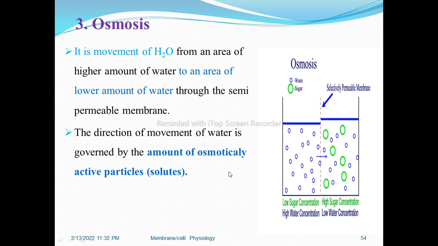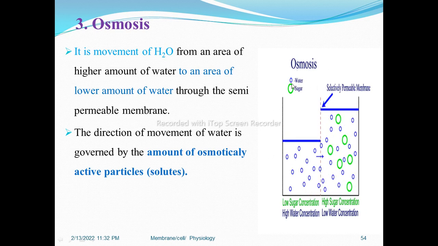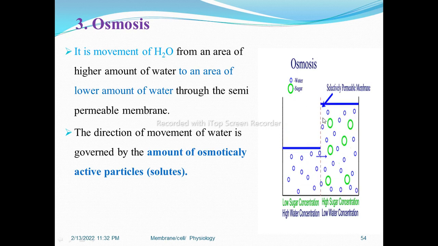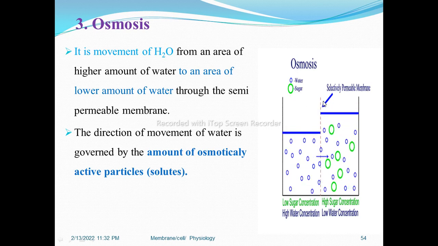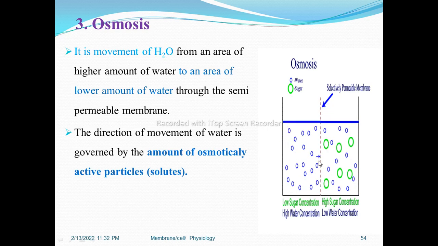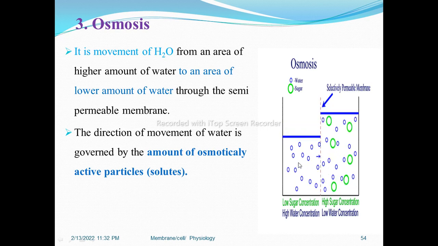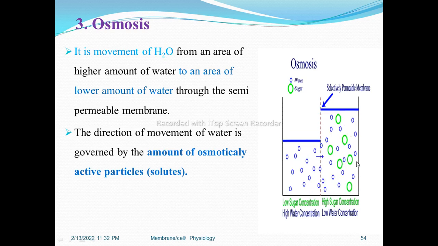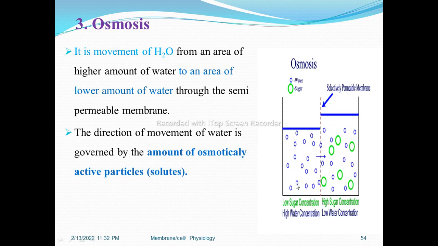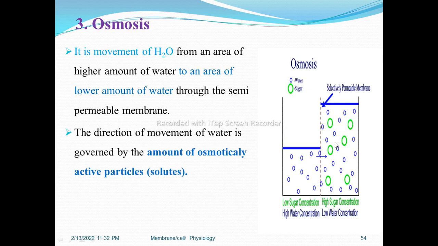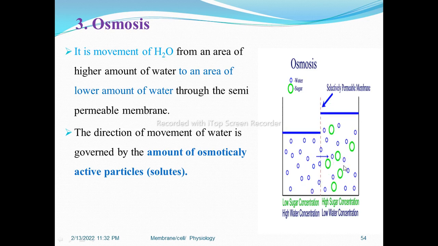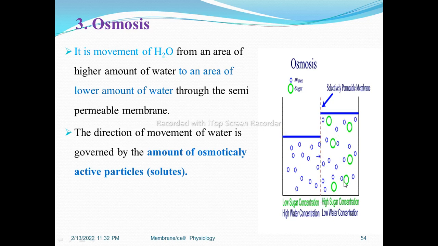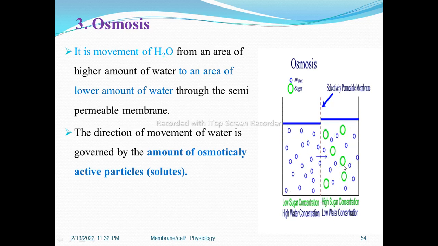When we see this osmosis, this color is water, this color is sugar. This is the membrane, a selectively permeable membrane. Say this is one compartment of the cell. In this case there is only water. In this case there is water plus solutes. These solutes are sugar. So this is low sugar concentration, this is high sugar concentration.